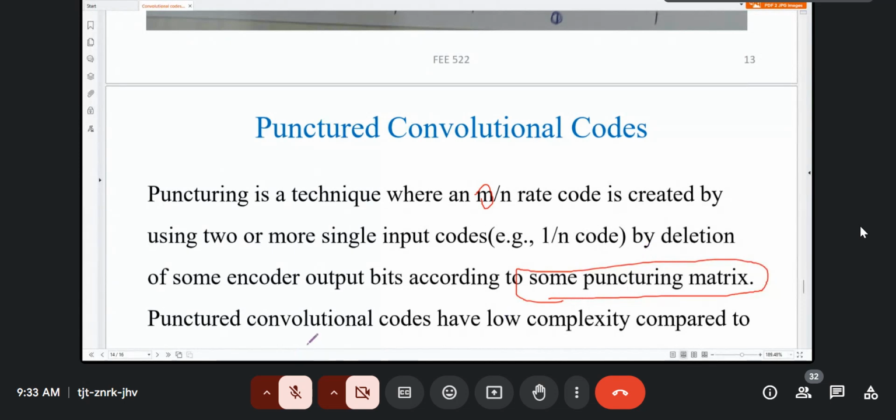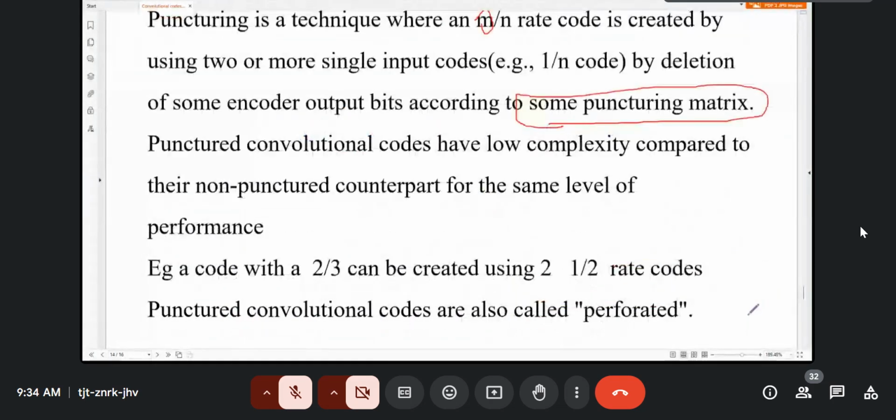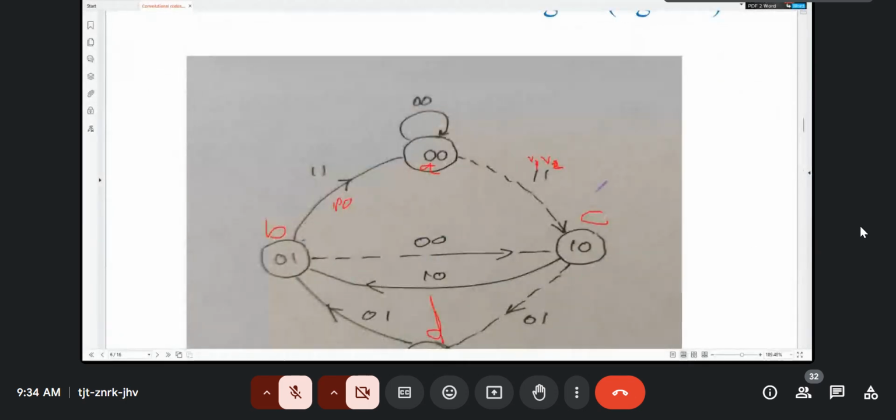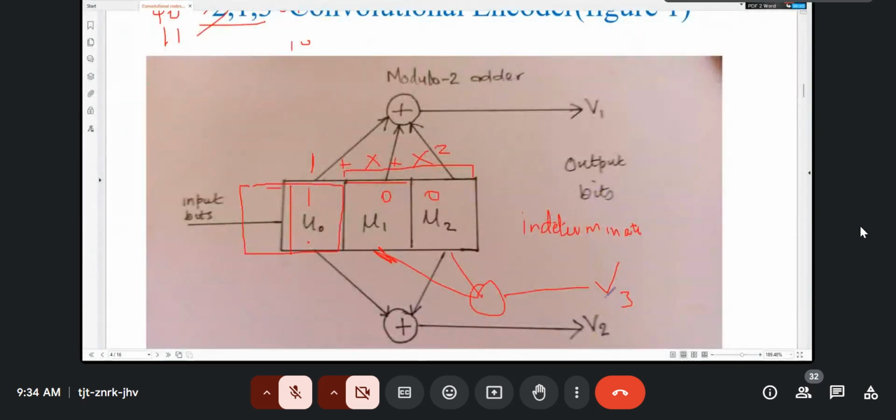Punctured convolutional codes have low complexity compared to their non-punctured counterpart for the same level of performance. So suppose you want a 2 by 3. Like here I've got 2 outputs, so you can create another output.